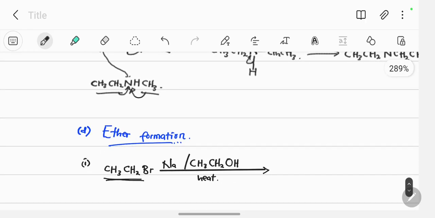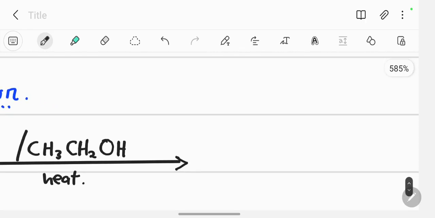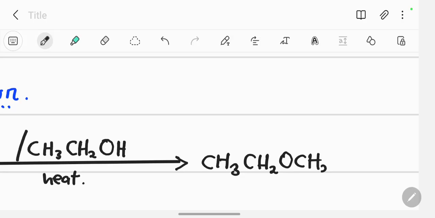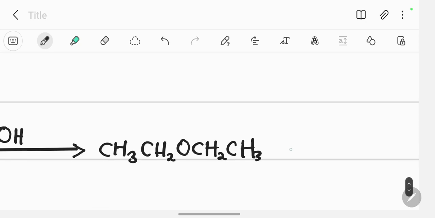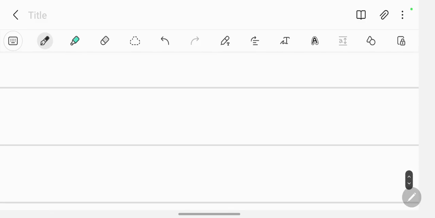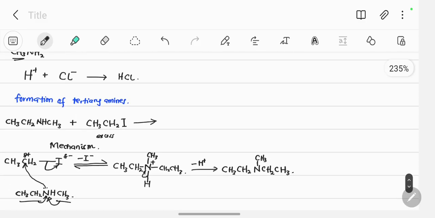So for this case I'm using sodium. We can also use sodium hydroxide and end up with an ether. CH3, CH2, or CH2, CH3 plus sodium bromide there.